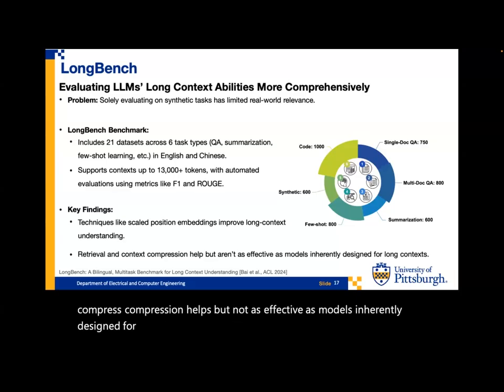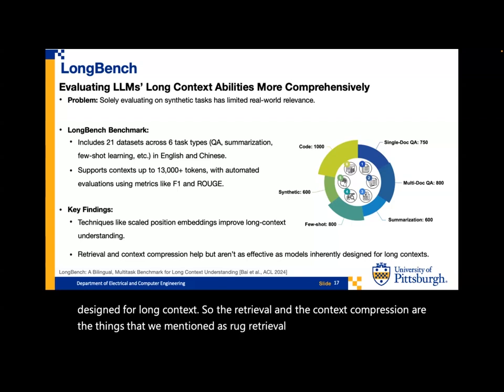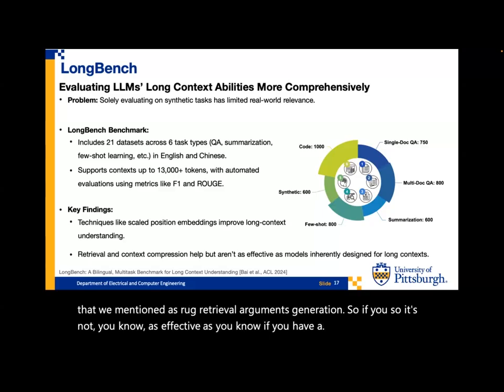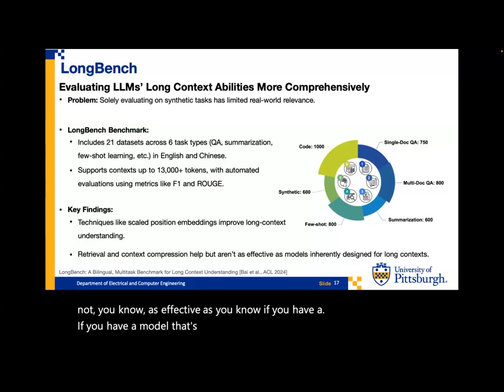So retrieval and context compression are the things that we mentioned as RAG, retrieval augmented generation. So it's not as effective as having a model that itself can tolerate a lot of tokens.